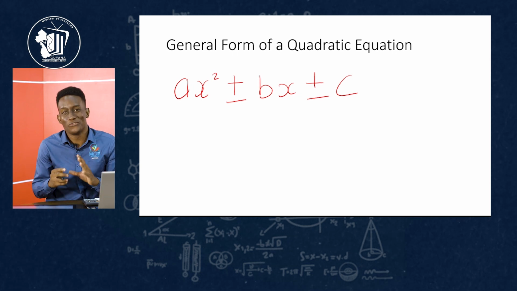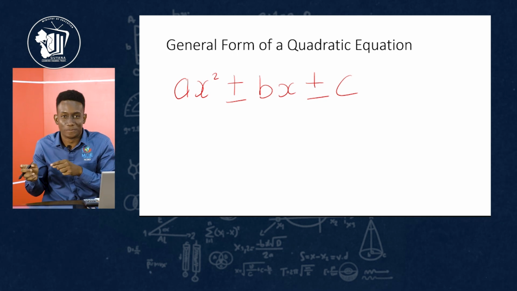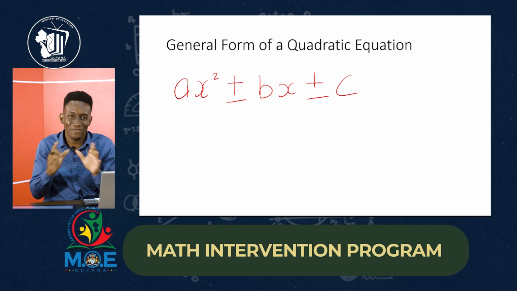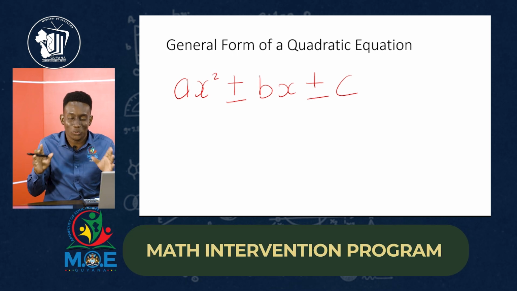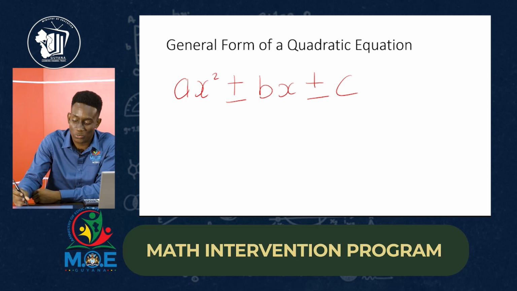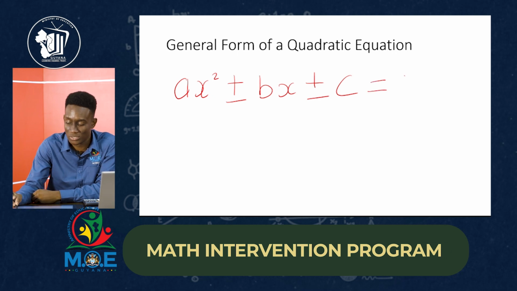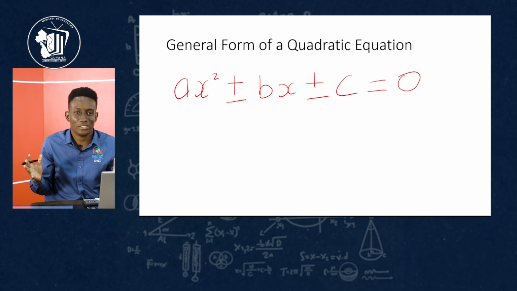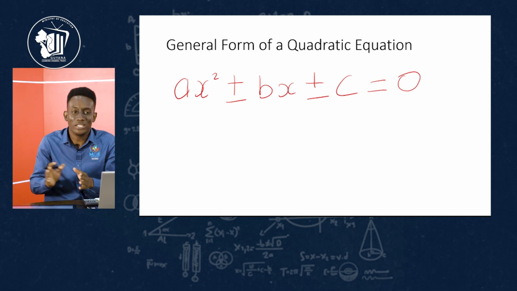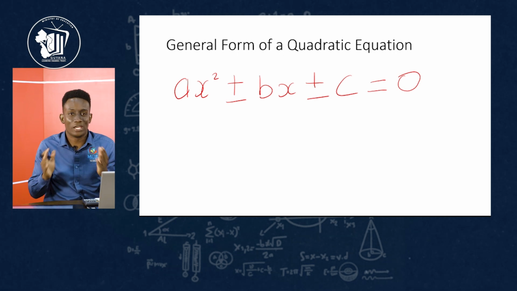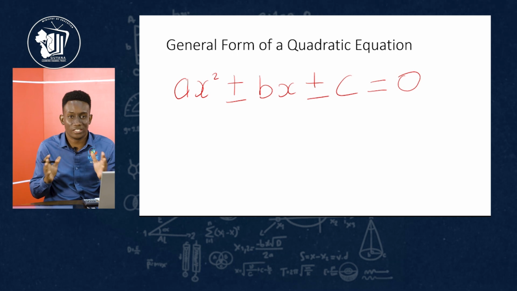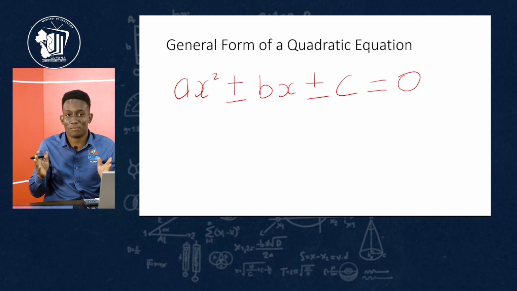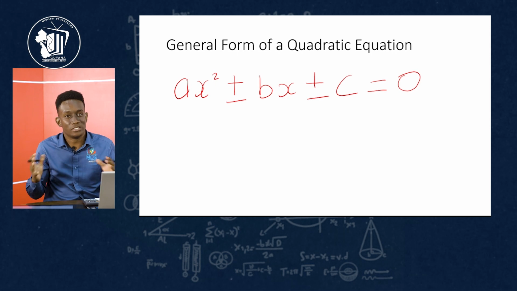For the quadratic equation, the only addition that we're making is equating this to 0, because in an equation we must have an equal sign. Here we have the general form of a quadratic equation: ax squared plus or minus bx plus or minus c equals 0.